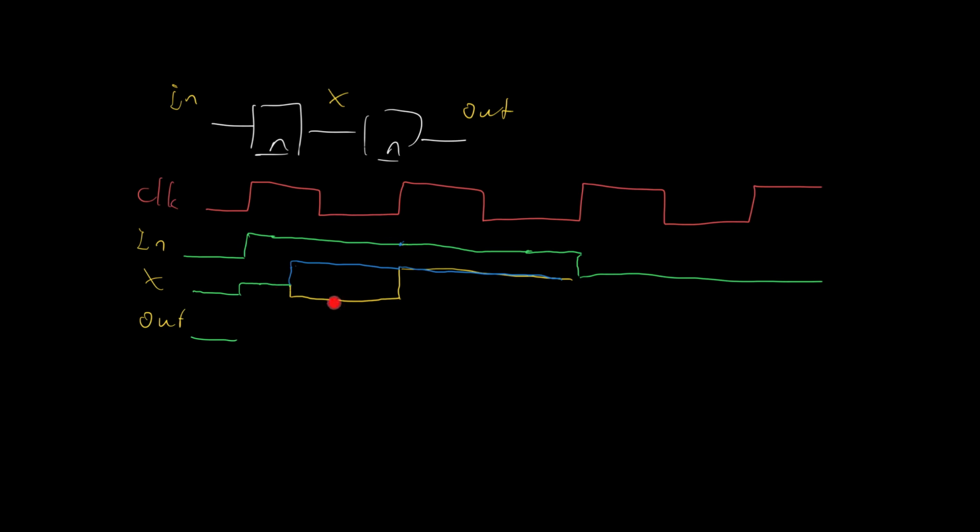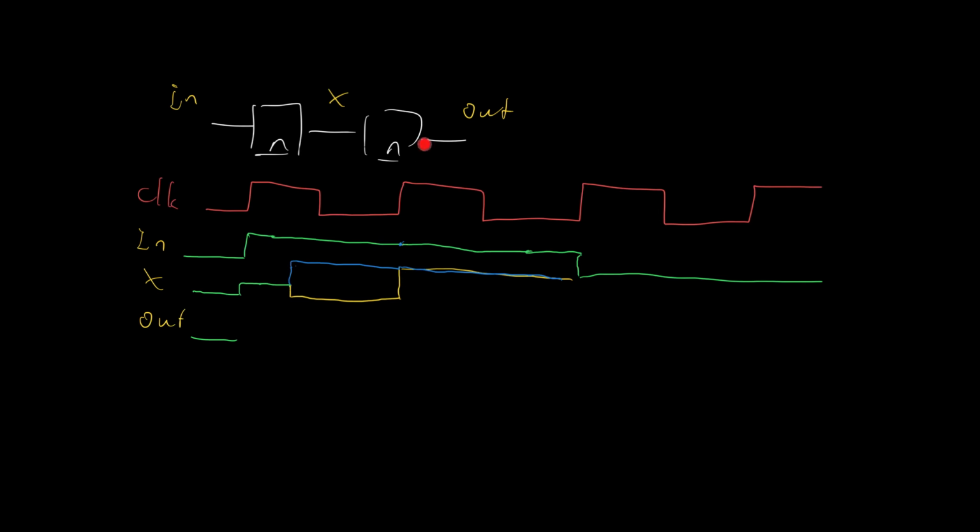So in the yellow case, we detect the transition 1 clock cycle later. In the blue case, we detect the transition 1 clock cycle earlier. At worst, there's just a delay by 1 clock period. Nevertheless, we can't really directly use X because of this problem right up here.